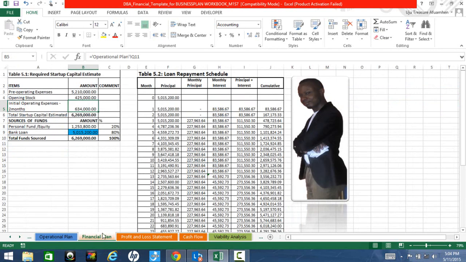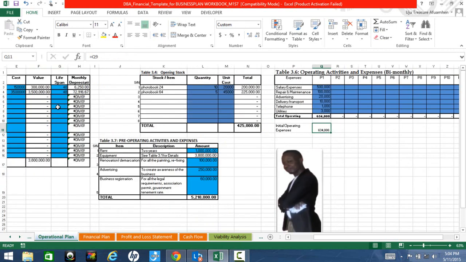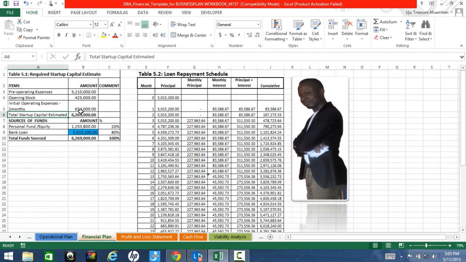So coming back here, the next value we have here is what we refer to as total startup capital estimated. Where did this one come from? If you look up, you have B3 to B5.